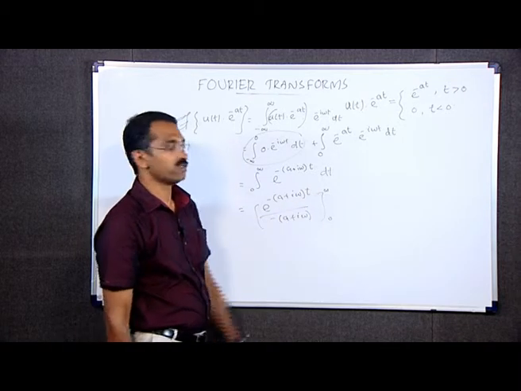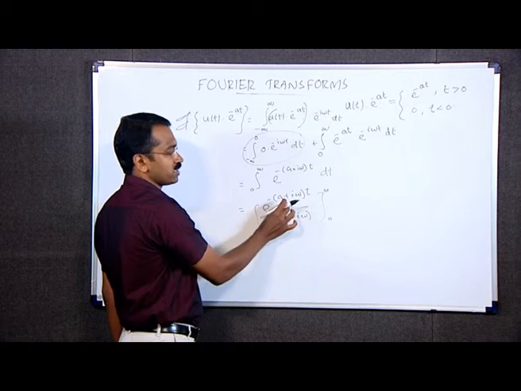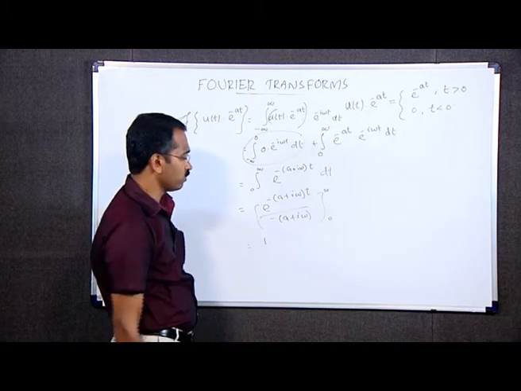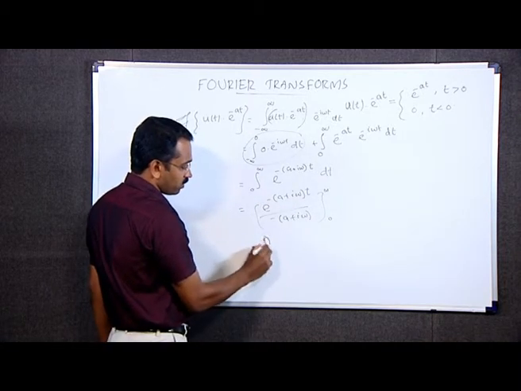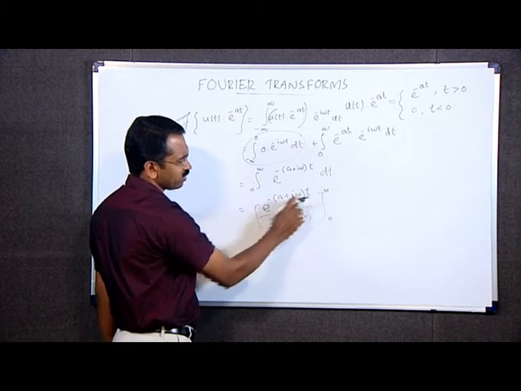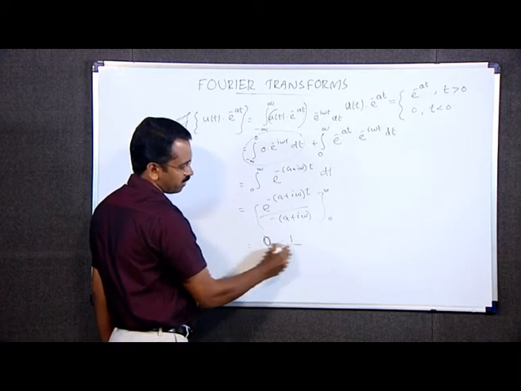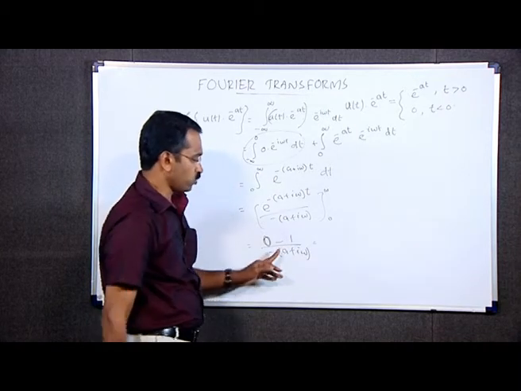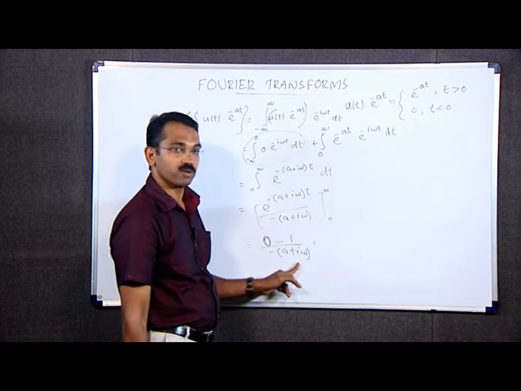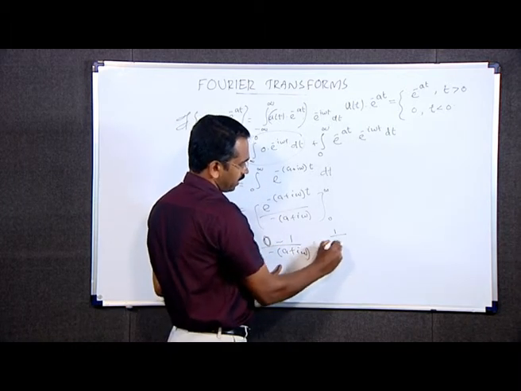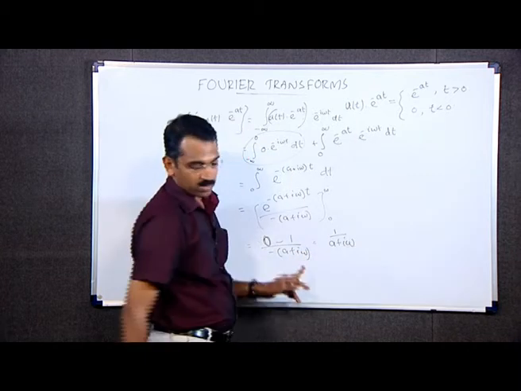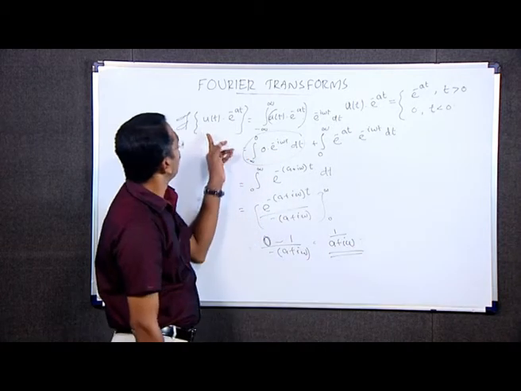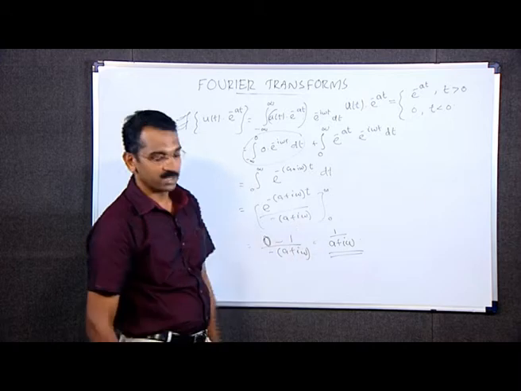When we apply the upper limit infinity, the numerator tends to 0, that is e^(−∞) tends to 0, minus, when t equals 0, the numerator is 1 divided by −(a+iω), that is equal to −1 divided by −(a+iω), that is 1/(a+iω). This is the required Fourier transform of the function u(t)e^(−at).